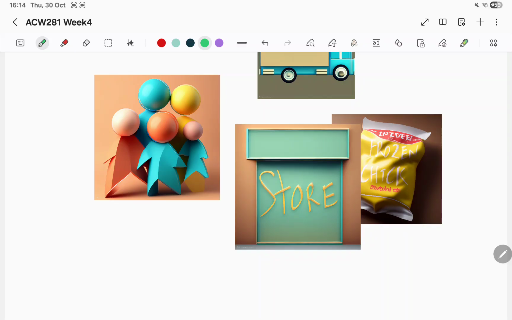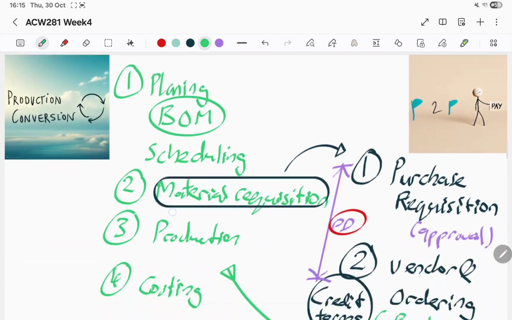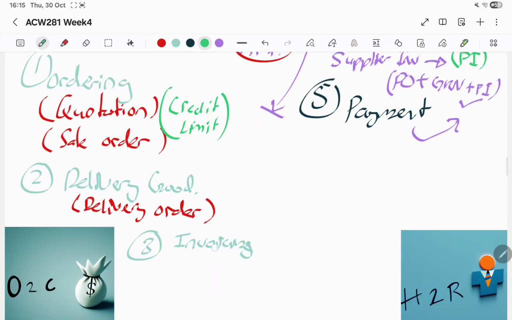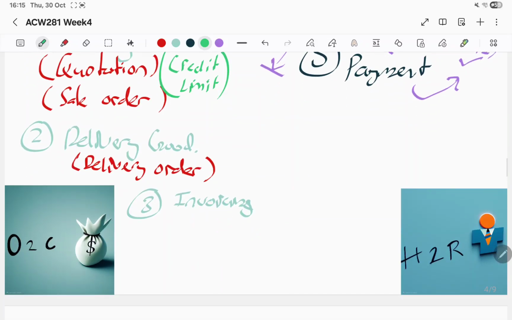Credit limit means that maybe they already bought from you and owe you 1,000 ringgit worth of goods, and then they are now ordering from you again. Do you want to allow another 1,000 ringgit the second time? So this depends on your policy and your trust with the customer.